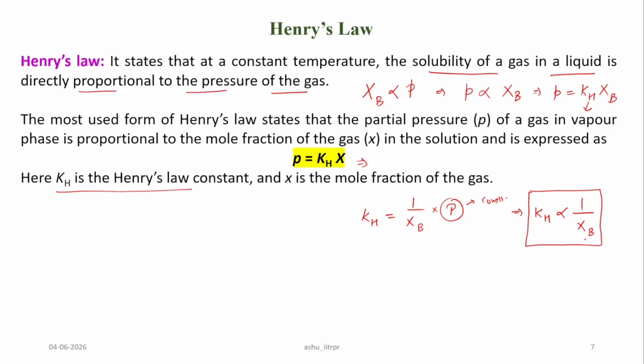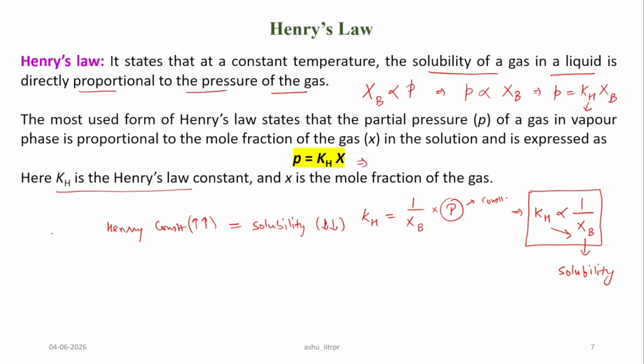Chi is the mole fraction, and mole fraction is solubility. So you can write a very important conclusion: solubility is inversely proportional to Henry constant. That means if Henry constant increases, then solubility decreases.